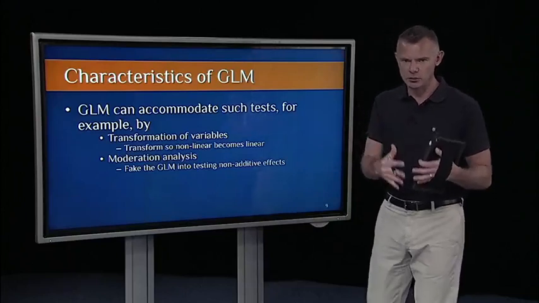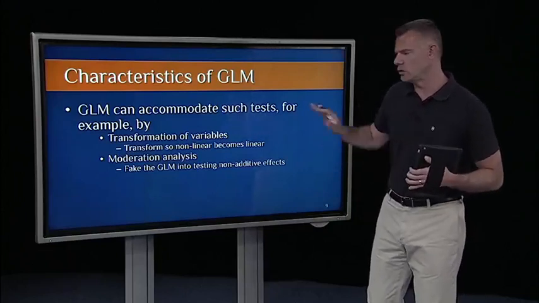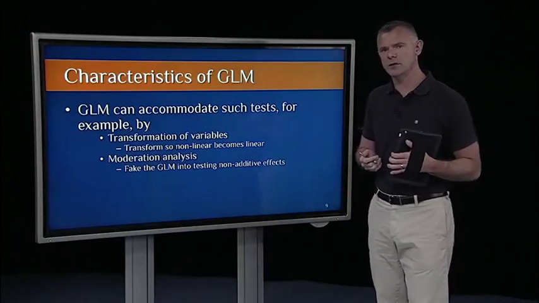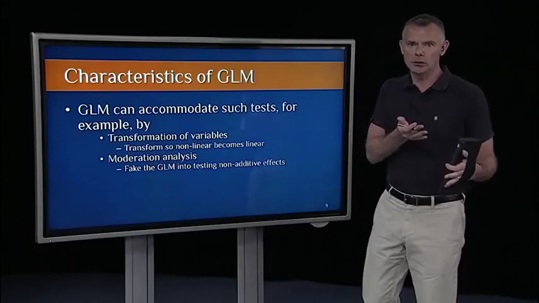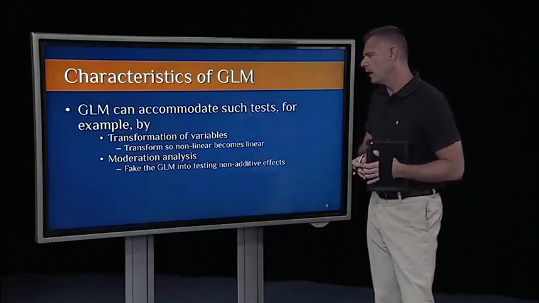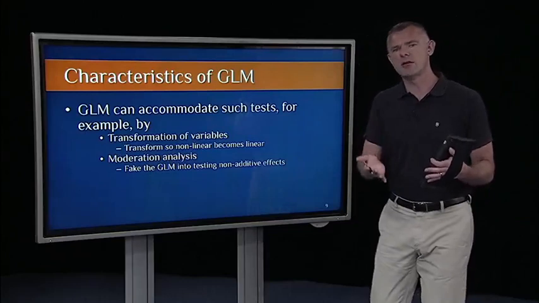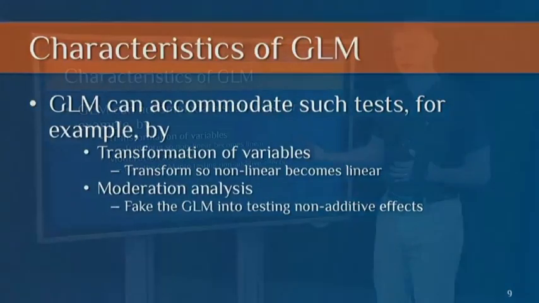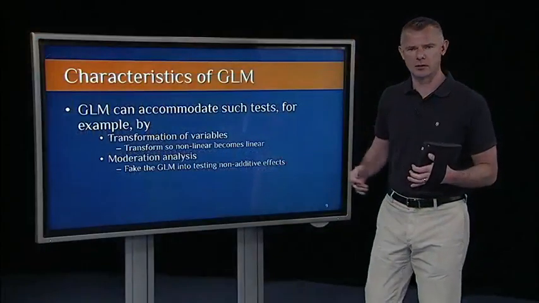For example, we could transform our variables so that nonlinear relationships looked linear. And we did things like moderation analysis, which faked out the GLM, and by adding in a product term, we were able to test effects that were non-additive, like an interaction effect in moderation analysis or in factorial ANOVA.